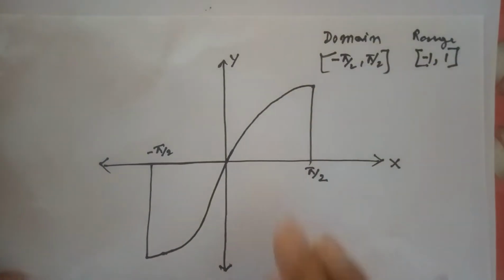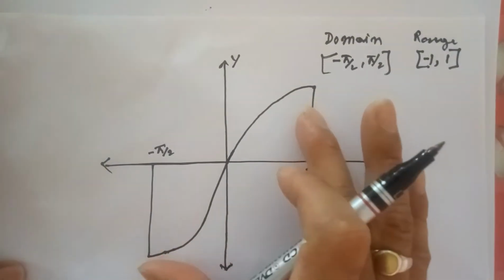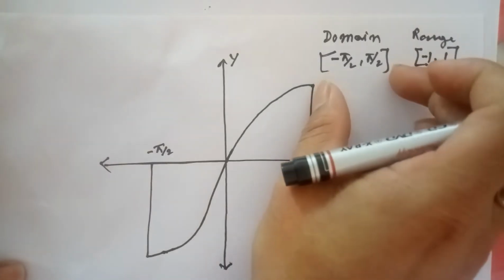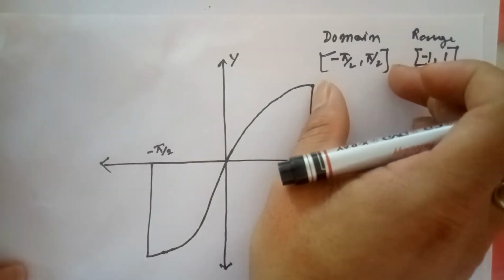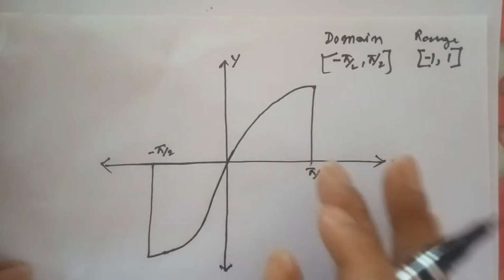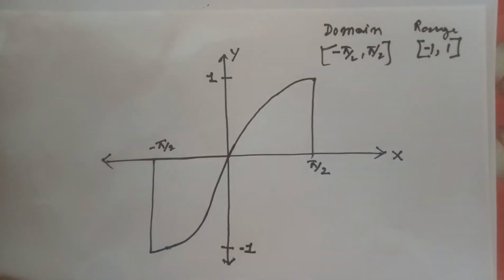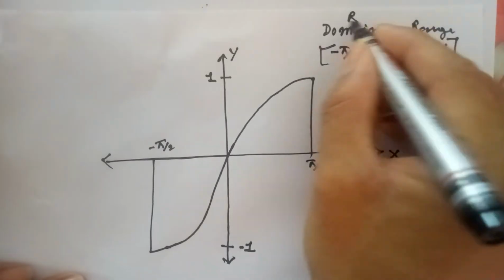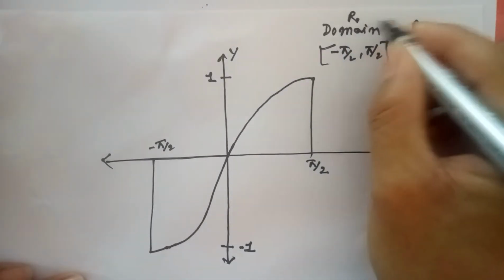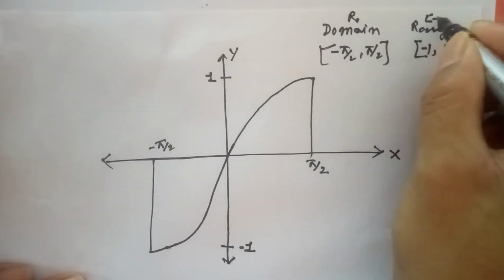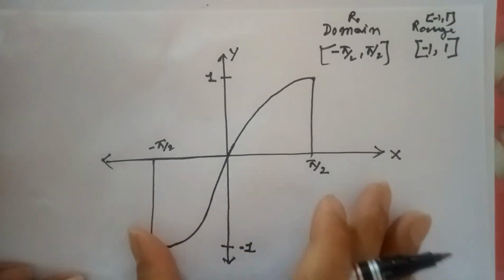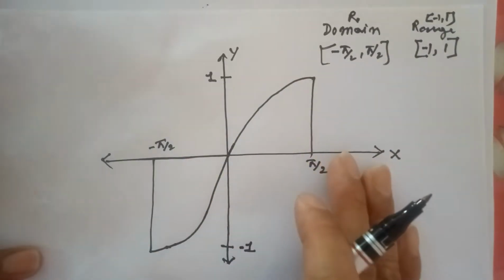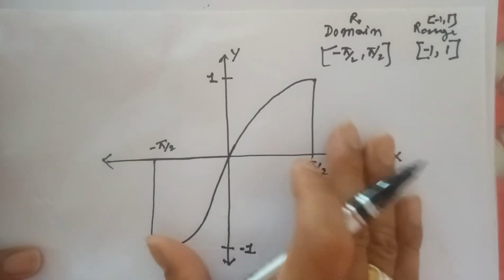For making this function 1-1 we restrict our domain, otherwise this function is not 1-1. Earlier the domain was R, the real numbers, and this range. Now after restriction we see whether this function is 1-1 or not.